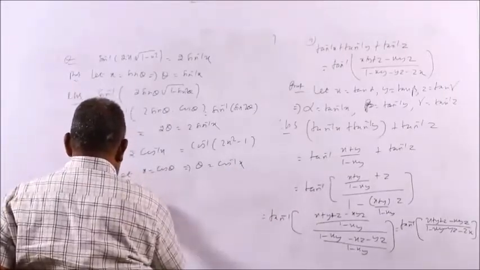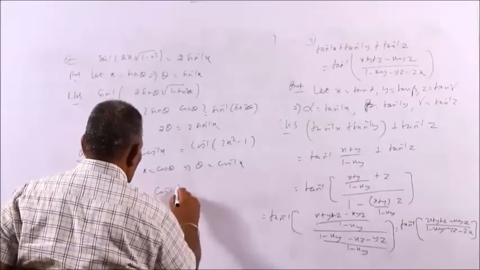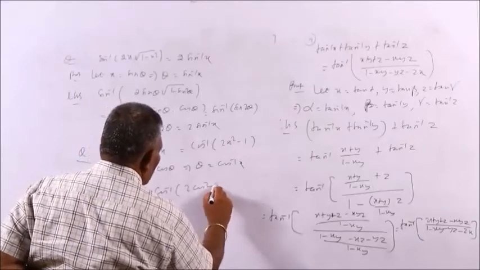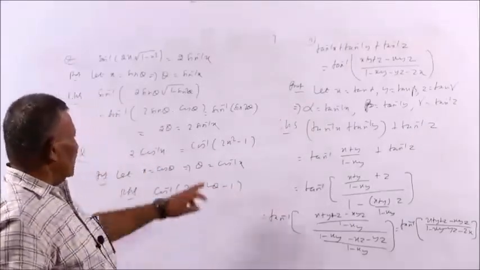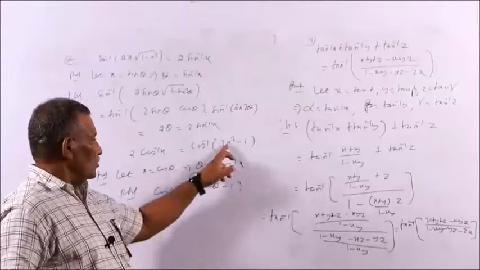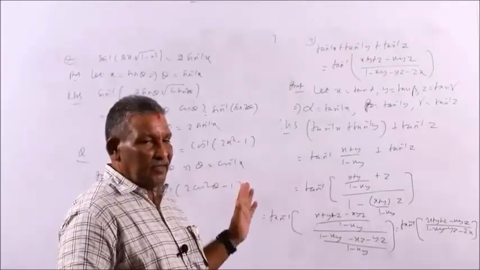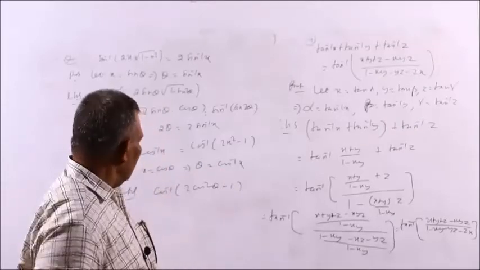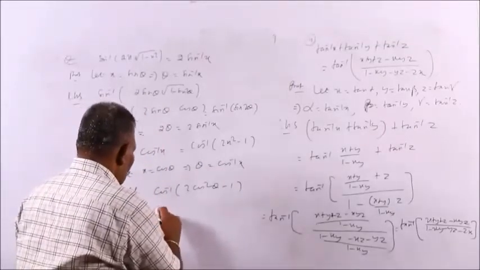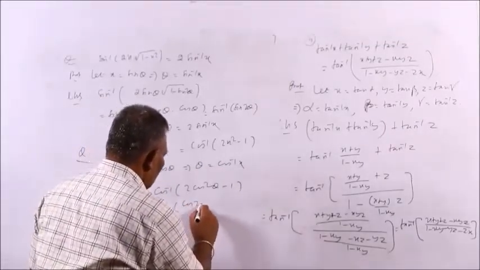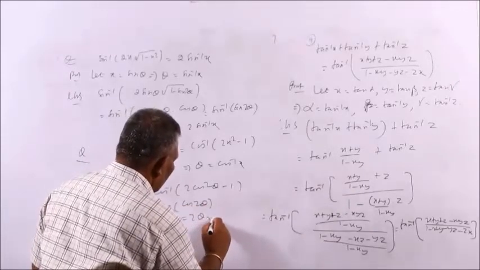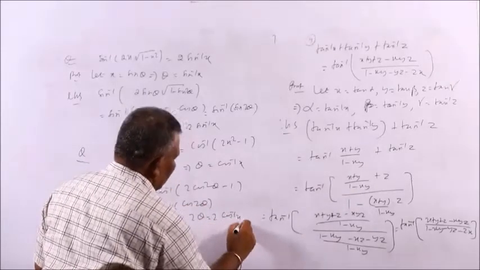Now from RHS, cos inverse of 2 cos square theta minus 1. In place of x, we can put cos theta, that is 2 cos square theta minus 1. You have remembered the formula cos 2 theta as 2 cos square theta minus 1. That is cos inverse cos 2 theta, that is 2 theta, which equals 2 cos inverse x.